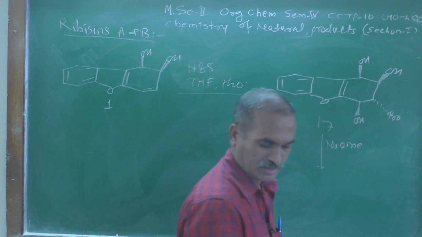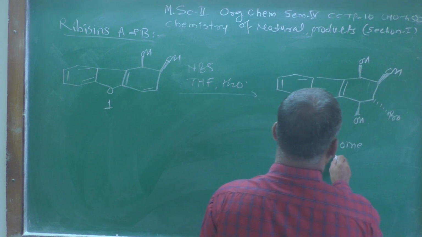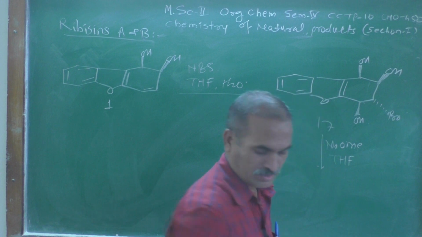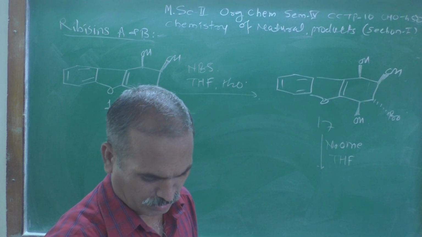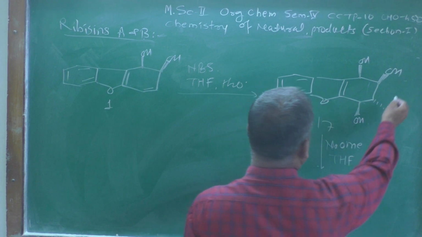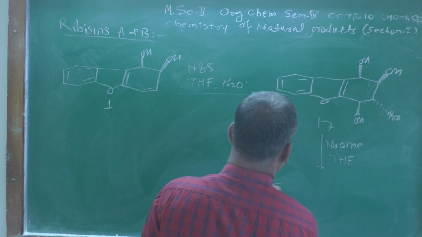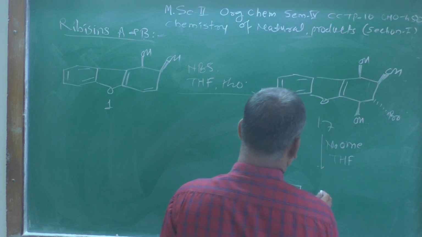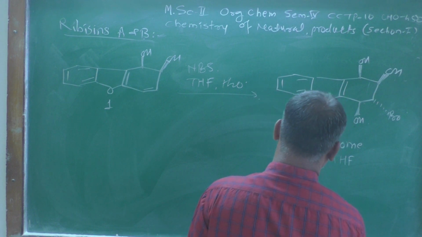NaOMe and THF used as a solvent, what do you get? You are going to get an epoxide over here. Chemoselectively you will get a product like this.